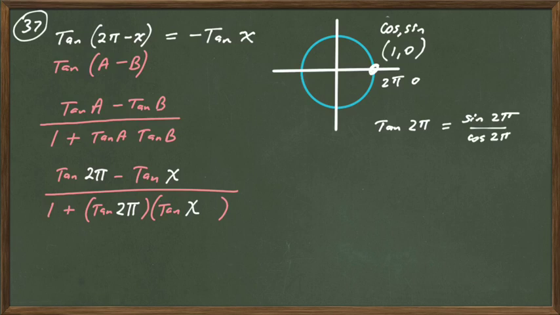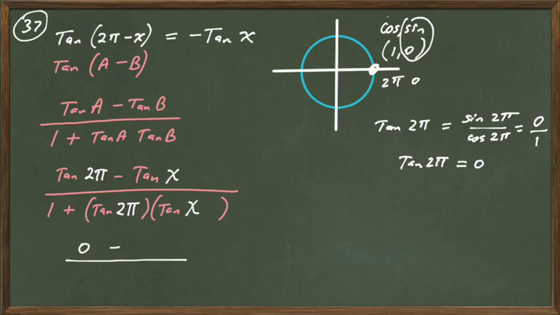What's the sine of 2 pi? Sine of 2 pi is 0 over cosine. So 0 over 1, what's the tangent of 2 pi? 0. So wherever I see the tangent of 2 pi, I'm going to put a 0.